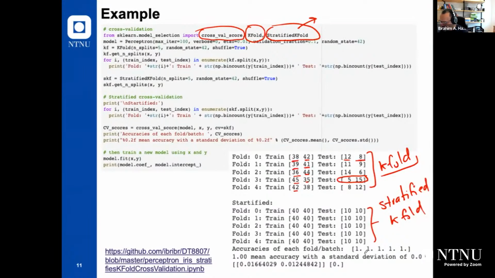But if it is stratified, you can see that all classes are equally represented, exactly the same: 40 from class 0, 40 from class 1, and 10 from class 0 and 10 from class 1. So this is very important. If you want to be sure that your model will perform well and that all classes are equally represented, then instead of using k-fold, you need to use stratified k-fold.